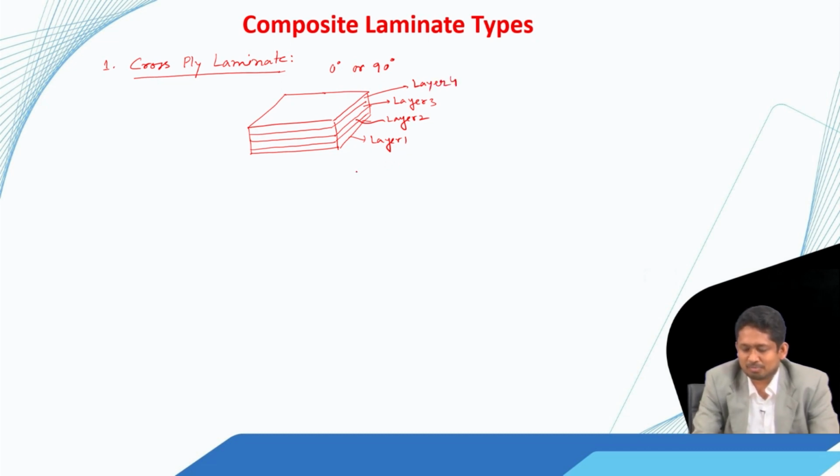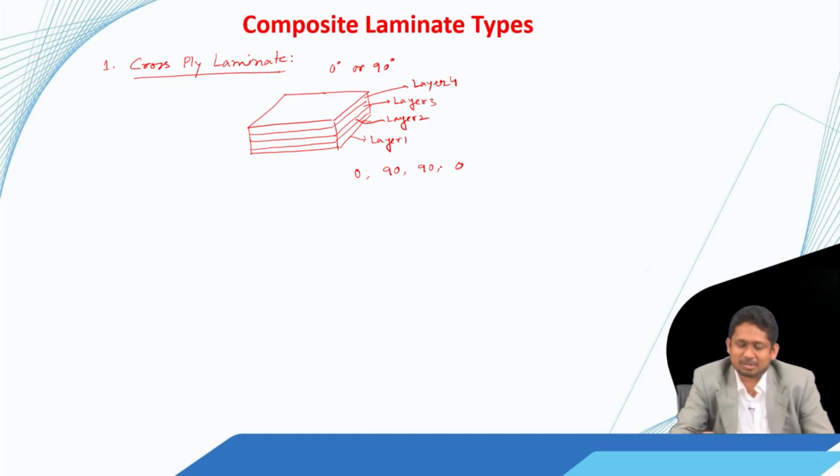So, suppose the bottom layer is 0 degree, and then the next layer is 90 degree, then the next one is say 90, and then we have 0. So, none of the plies have any angle other than 0 or 90. So, this kind of laminates are called cross ply laminate.